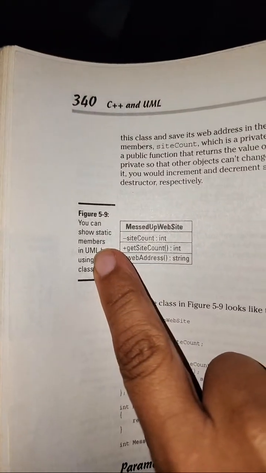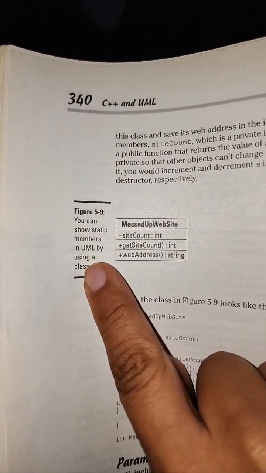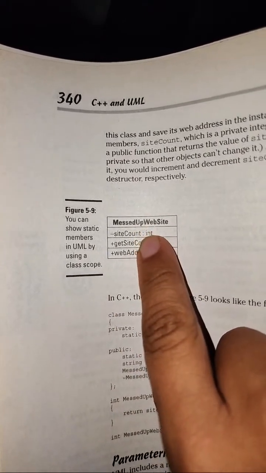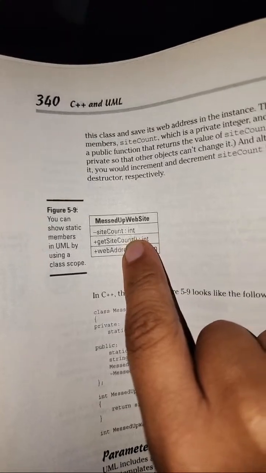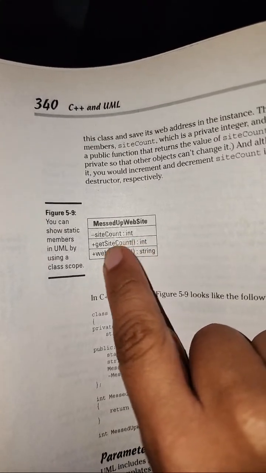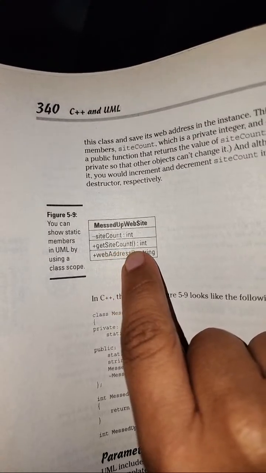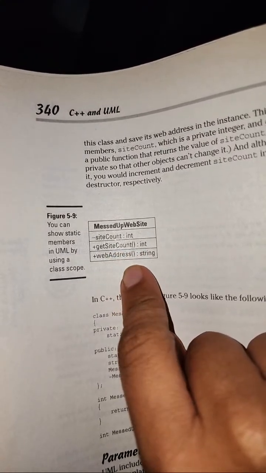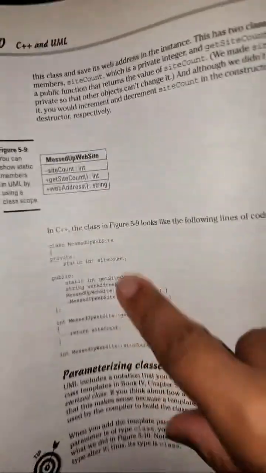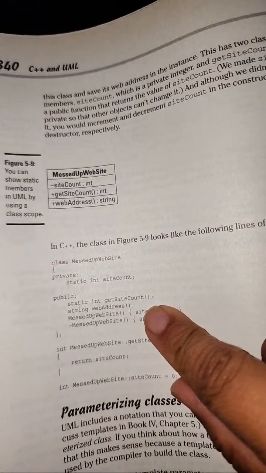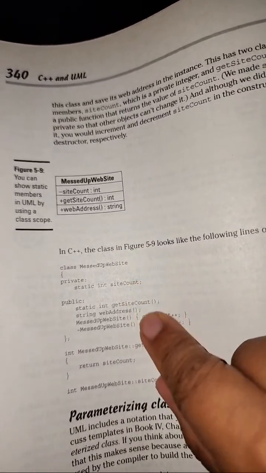Okay, so figure 5-9, you can show static members in UML by using the class scope. So in this case, this is Messed Up Website. Site count is an int, and get site count also deals with int, and web address deals with string. So then this is what the C++ looks like.